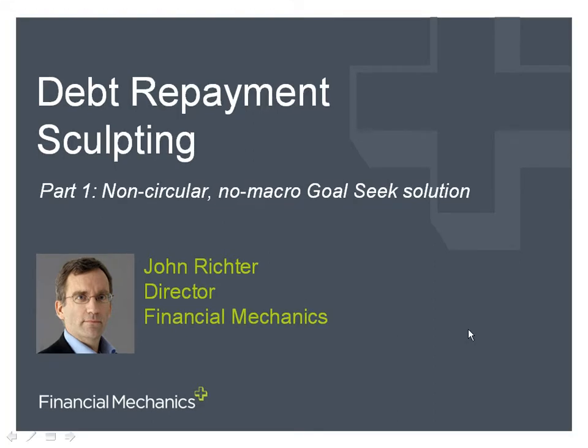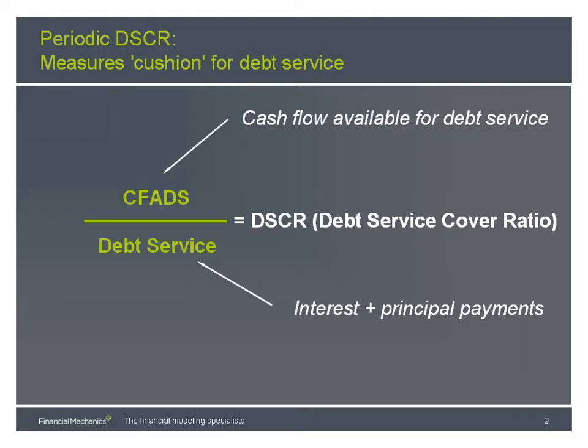So with that by way of introduction, let's start first by talking about the periodic debt service cover ratio, or DSCR for short. It's important to focus on the aspect that this is essentially a cushion for how much cash flow is generated in any given period over the amount of debt service owed.